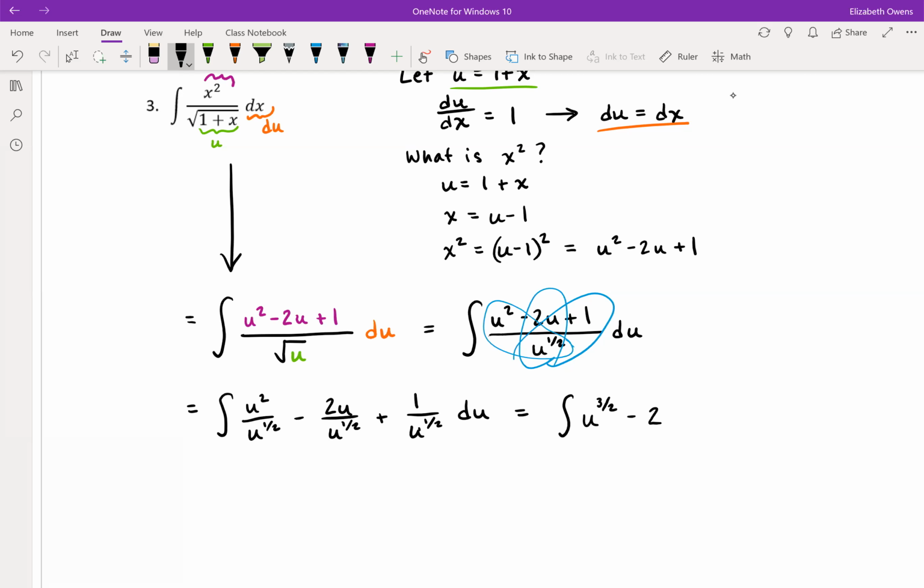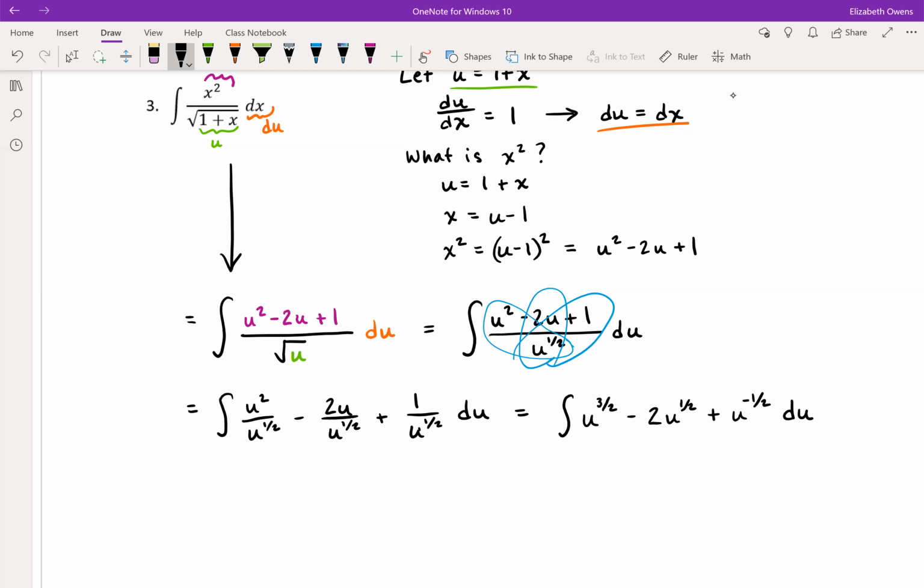And then we'd subtract 2 u to the 1/2 there and add u to the negative 1/2 du. And doesn't that indefinite integral look quite a bit better? I think it does. We just got to use our power rule in reverse now.